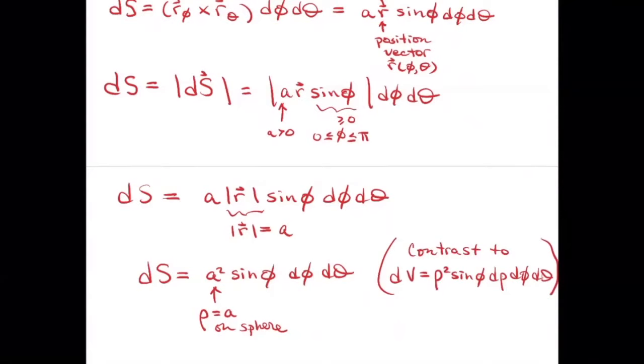When you're in spherical coordinates, dv has a Jacobian that's rho square sine phi. But if you're on the surface of the sphere, because it's a shell, not a volume, ds is a square sine phi because rho is a on the sphere. So you're not allowing motion into the sphere, but phi and theta can vary, and ds is a square sine phi. Okay, any questions about that?